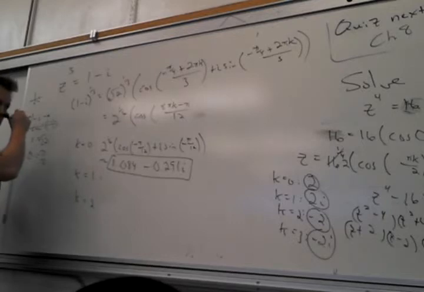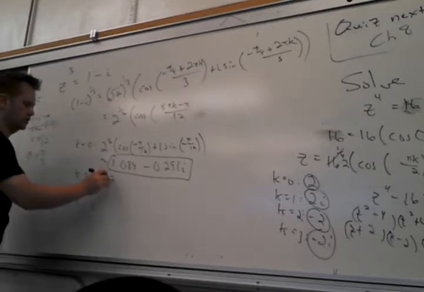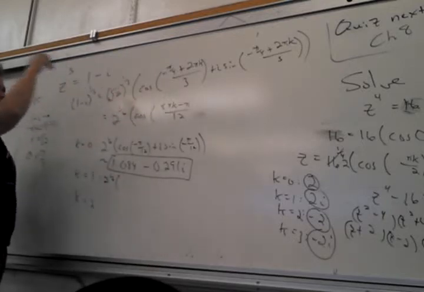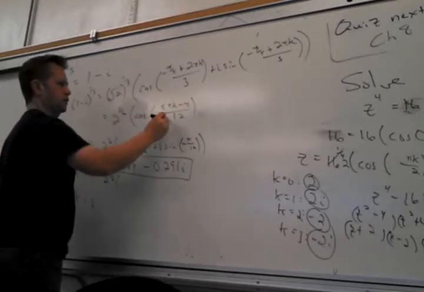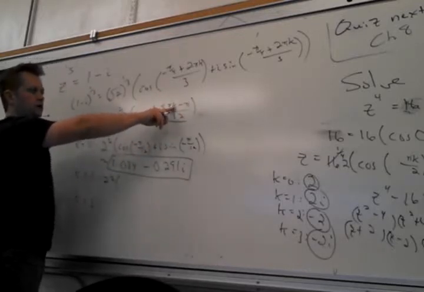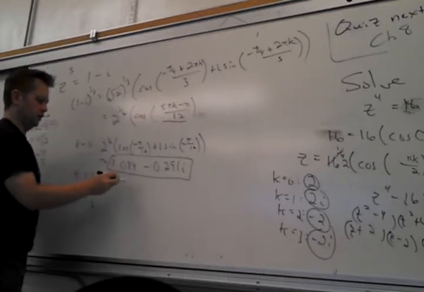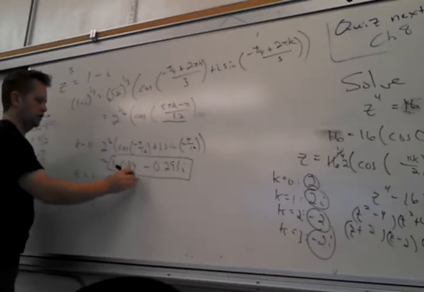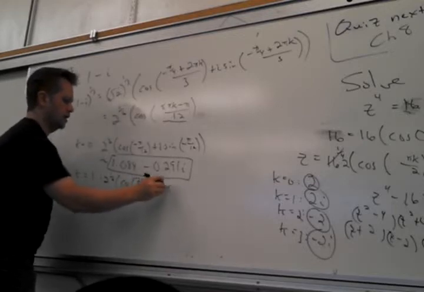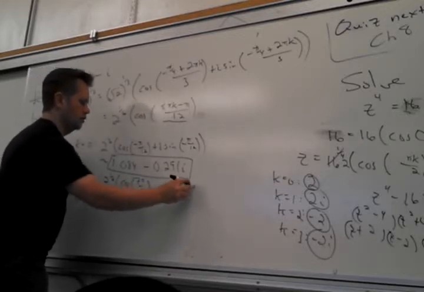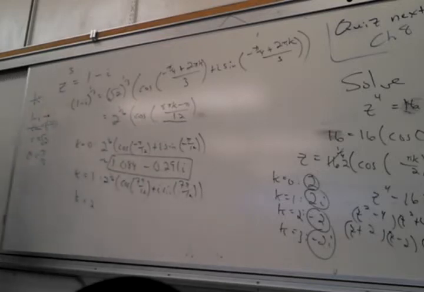What if k is 1? I'll get 2 to the 1/6 times what? So maybe this form does have a little bit better. If k is 1, yeah, I get 7 pi over 12. So it'll be cosine 7 pi over 12 plus i sine 7 pi over 12. What quadrant is that in?